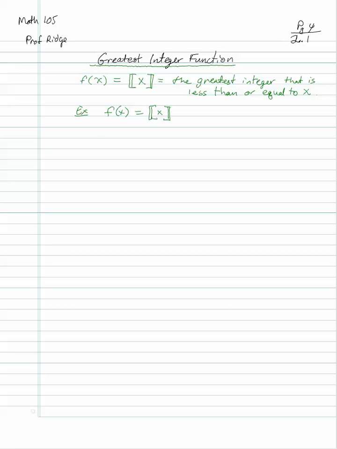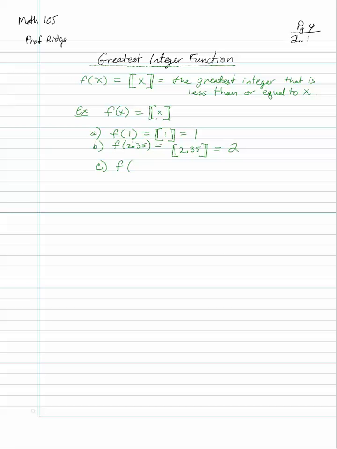Find the following. f of 1 is just 1. f of 2.35 is equal to, so we want the greatest integer that's less than or equal to 2.35. So that's just 2. Basically on the positive side, it's like truncating.